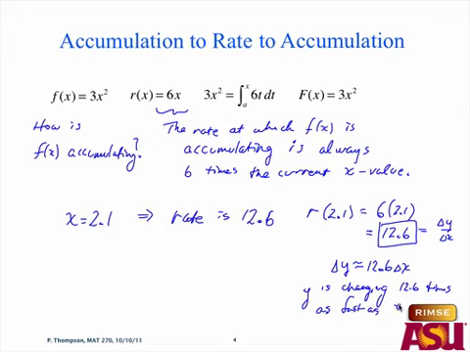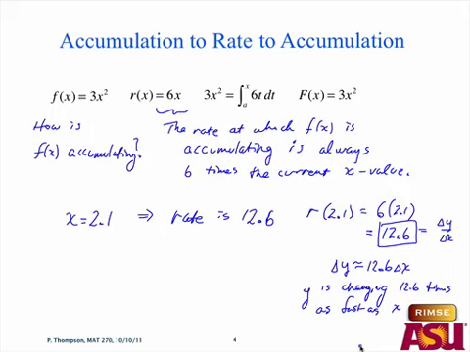Remember this? So the accumulation is increasing 12.6 times as fast as x is increasing. It's only 2.1, correct? Exactly, because what happens if we move to 2.5? What happened to the rate?